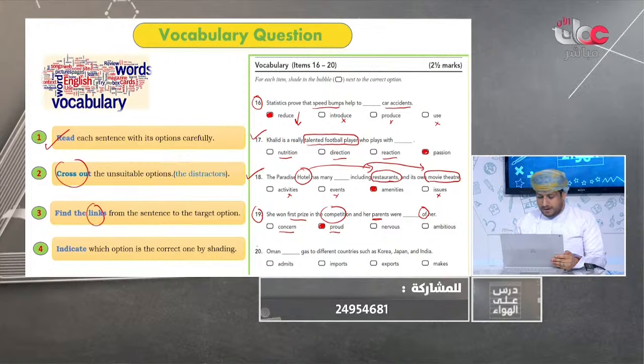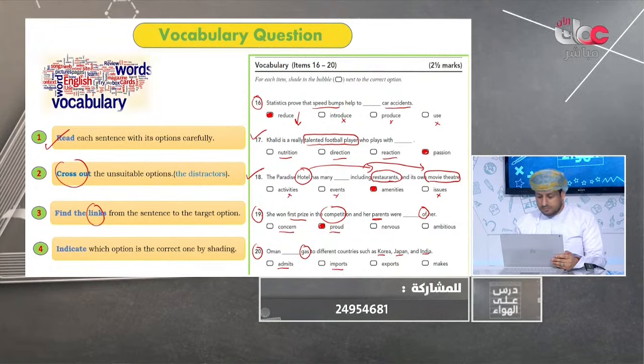Number 20, Oman dash. This is very easy. Oman dash gas to different countries such as Korea, Japan, and India. Oman is dealing with the gas. We would like to say that Oman is transferring or sending gas to those countries. What is the verb?